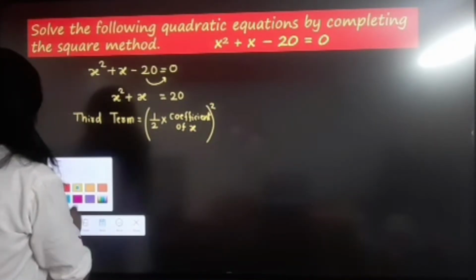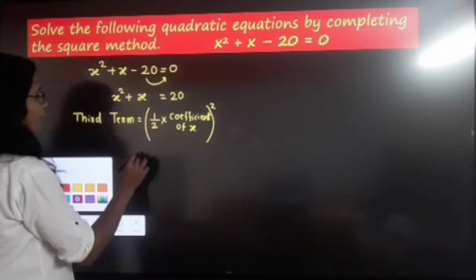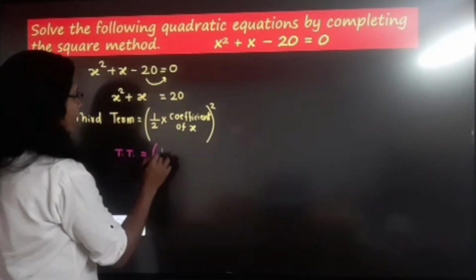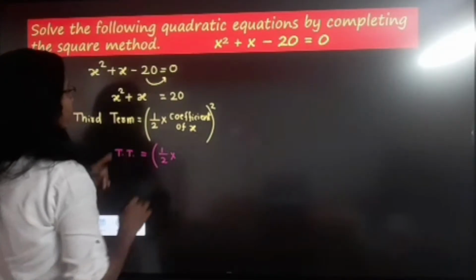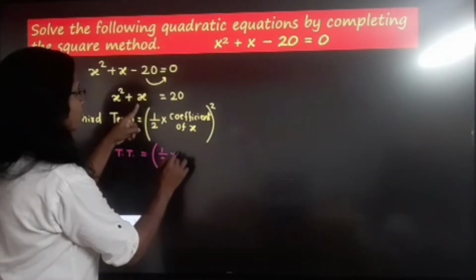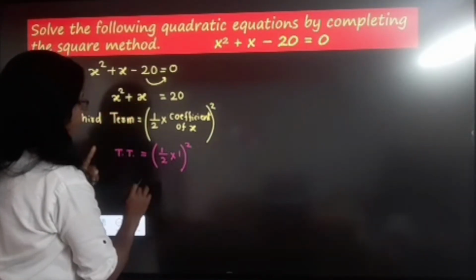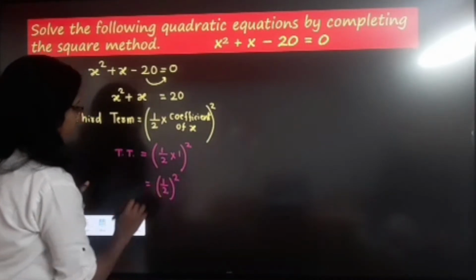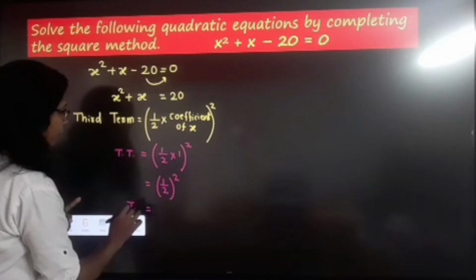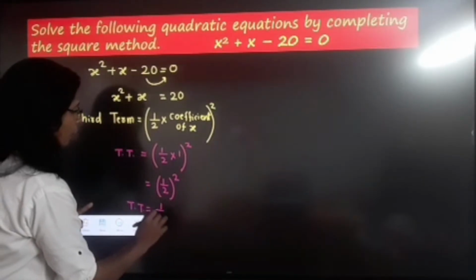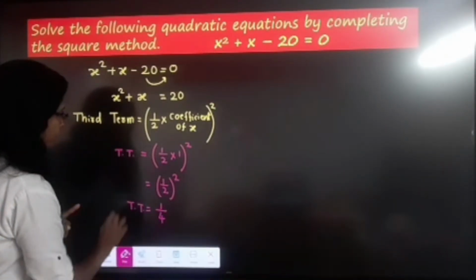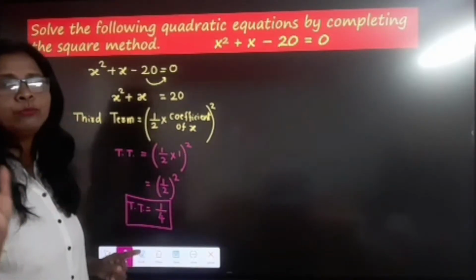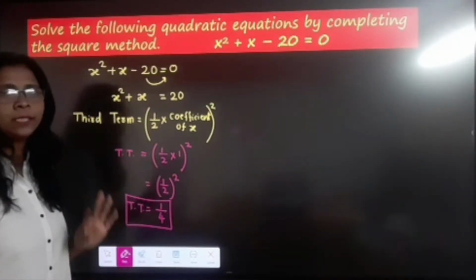The coefficient of x is 1, so the third term is 1 upon 2 whole square, which is equal to 1 upon 4. We get the third term 1 upon 4. This is the third step.